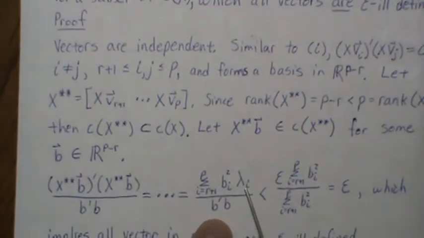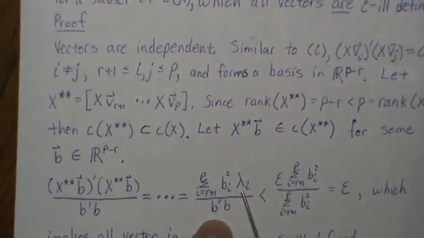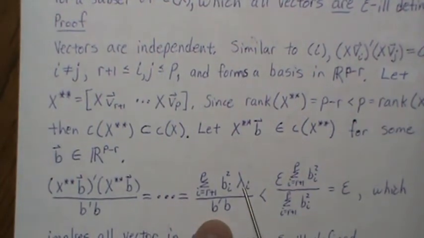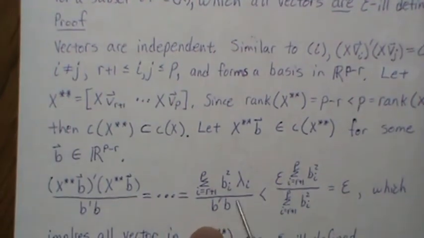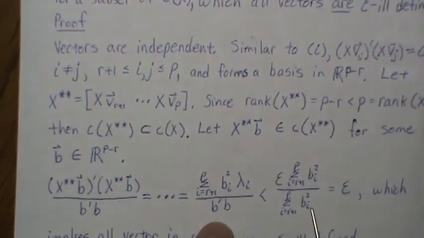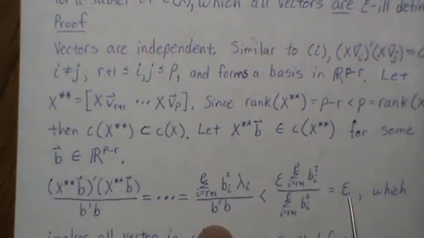Now all these lambda i's are less than epsilon. So if we put in epsilon for each one of these lambda i's, we're making this bigger, but it's not indexed, so it can come out front of that sum. And of course b prime b is the sum of b_i squared. So those cancel and we're just left with epsilon.